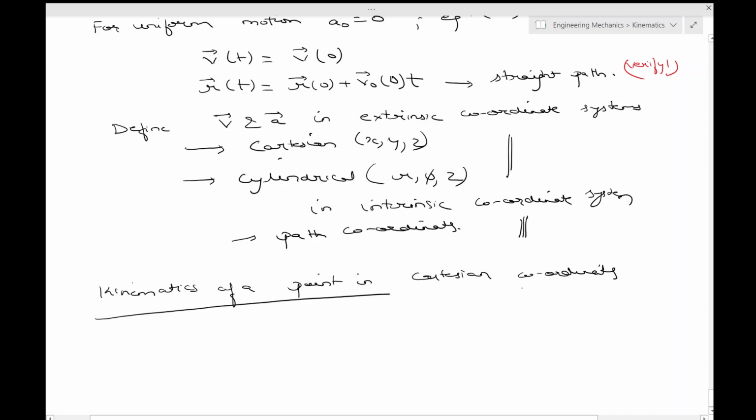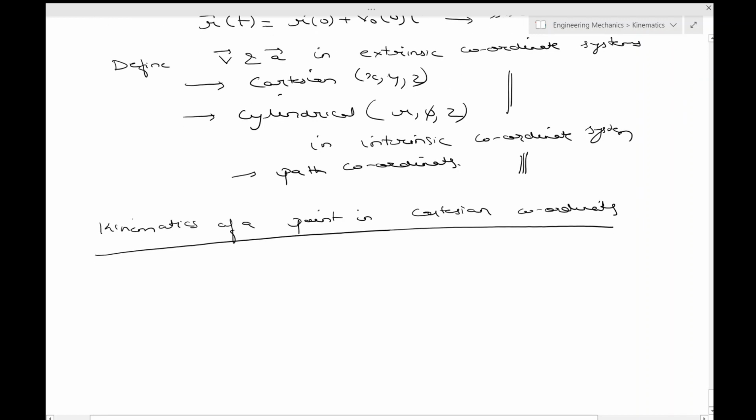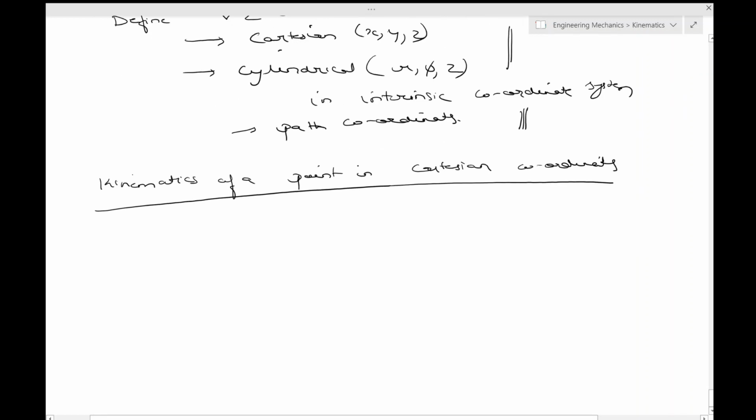So let x, y, and z be the Cartesian coordinates. Let me just draw a nice diagram, or at least as nice as I can draw.